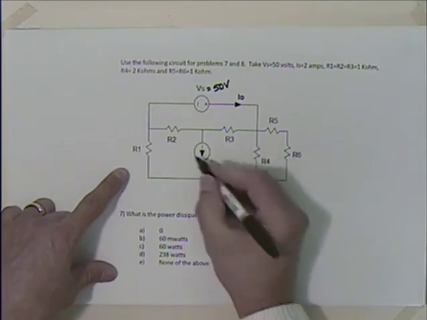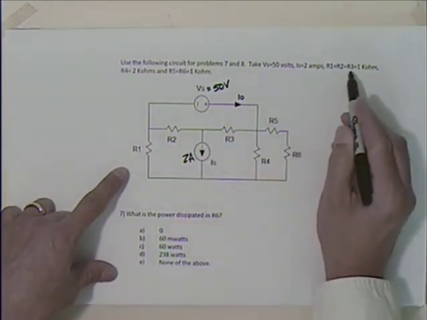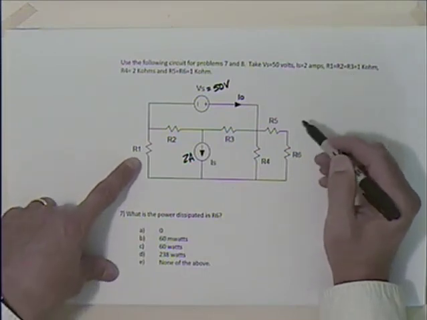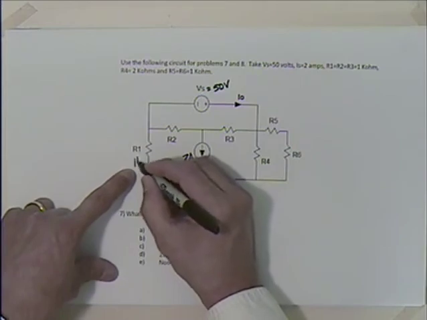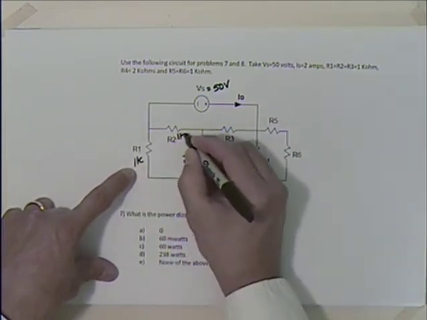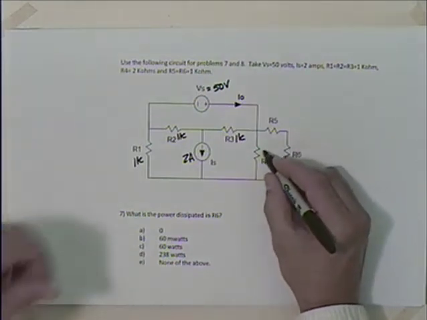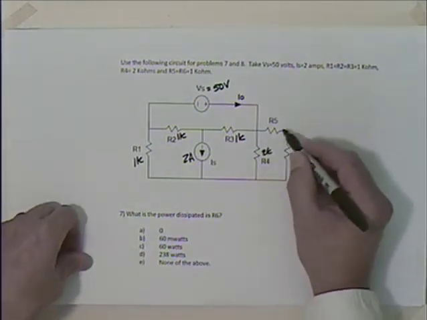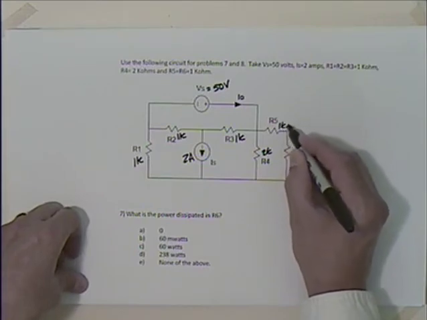So we got 50. This is 2 amps, R1, 2, and 3, 2 and 3 as 1 k ohm. And then R4 is 2 k ohm. And 5 and 6 is 1 k ohm.